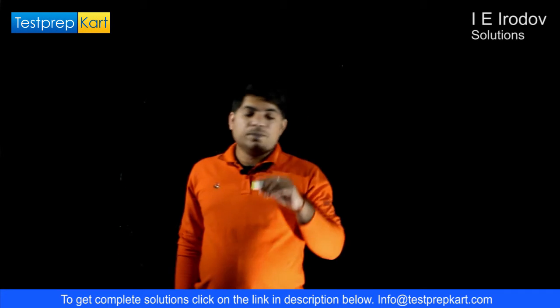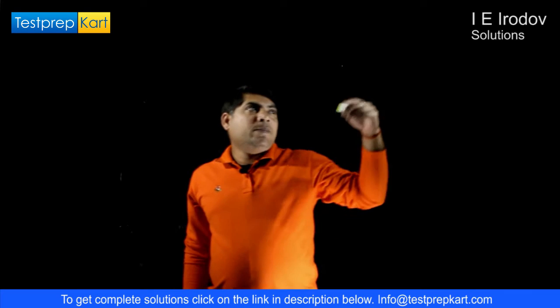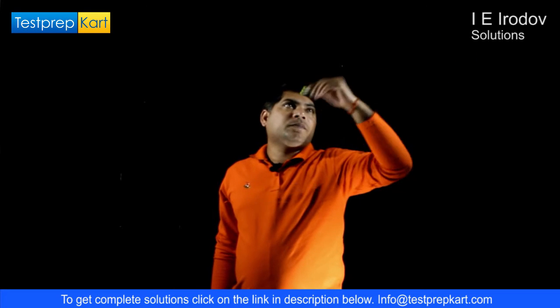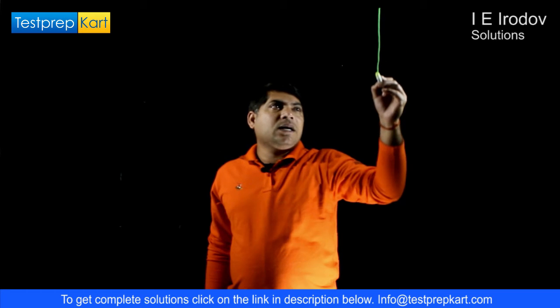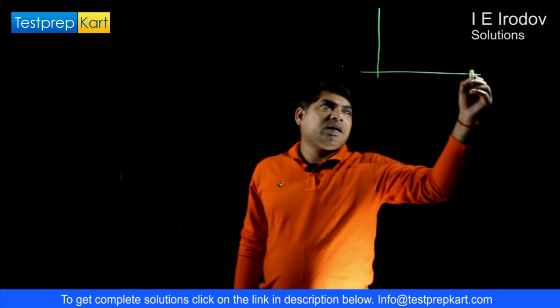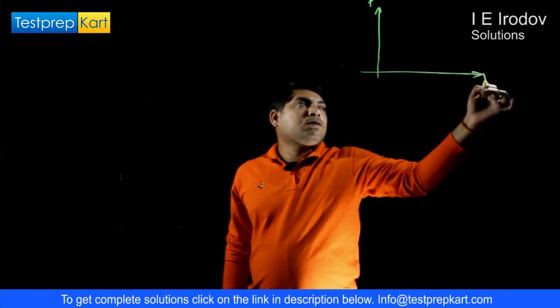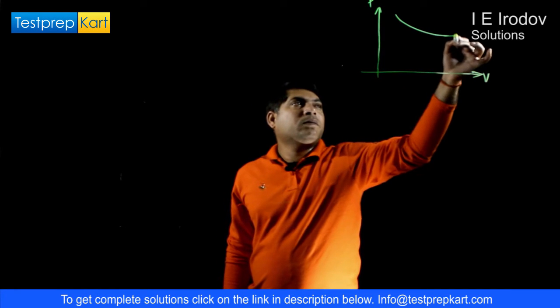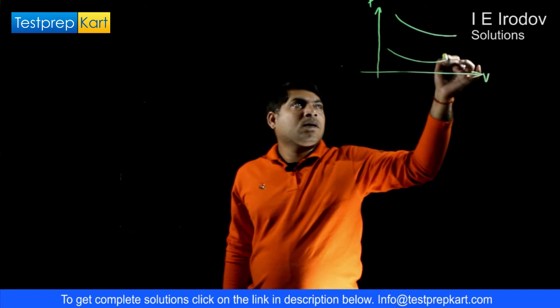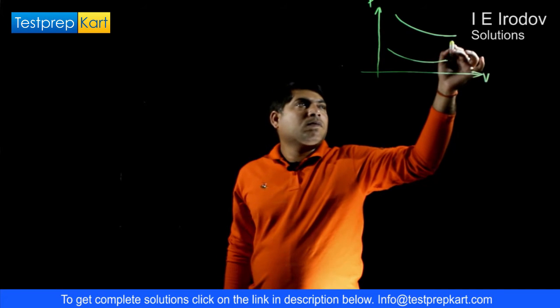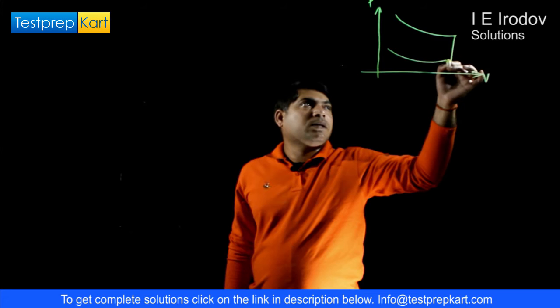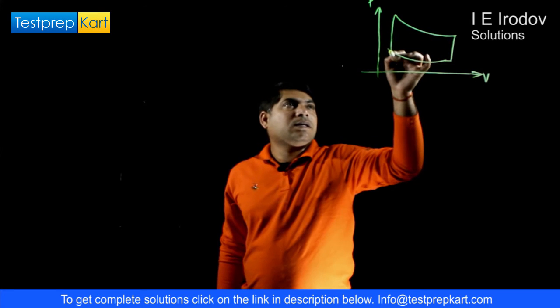Okay. It means we need to write efficiency in terms of gamma, and the working substance goes through two isothermal and two isochoric processes like this.